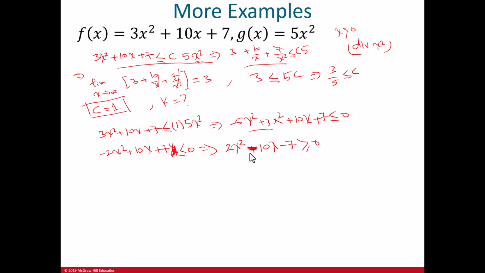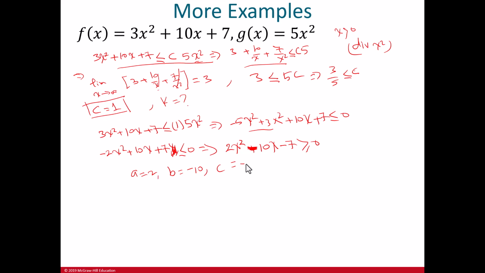So this is the second degree equation. That means the quadratic, I can use the quadratic equation to solve it. When I plug in the values, A will be 2, B will be negative 10, and C will be equal to negative 7.